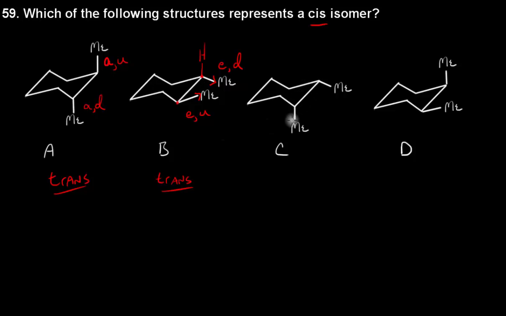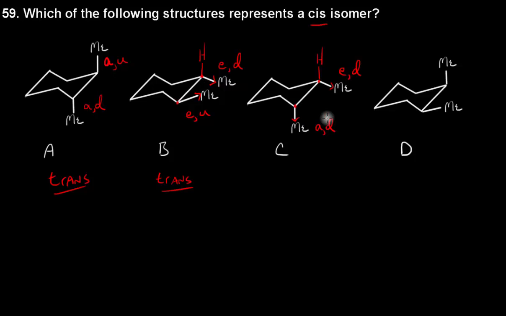Now this guy is, again, a methyl group. So we have a methyl group pointing down with a vertical line, which means that this is axial. So this is axial down. And this methyl group right here is pointing down as well. You can see from this point it's coming in a downward direction, but it's not completely vertical. If it was vertical, it would be up right here, but again, this is a hydrogen. So this methyl group is going to be equatorial, and it's going to be down.